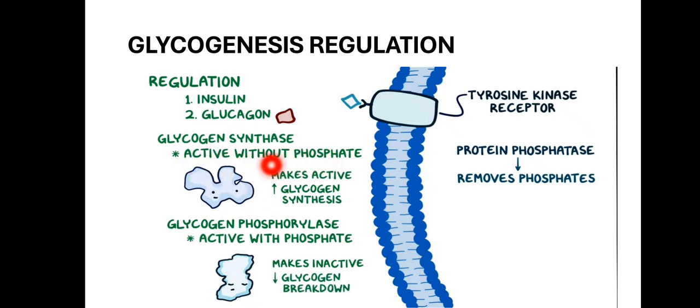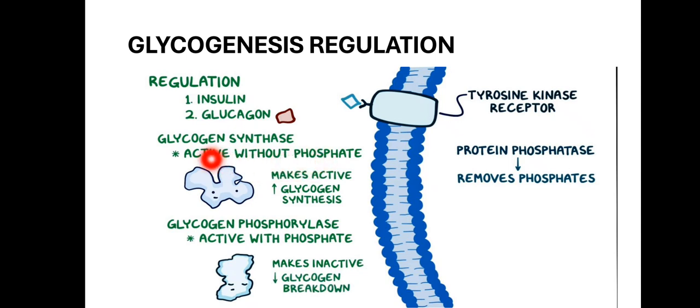It doesn't want phosphate groups at all. If it has a phosphate molecule on it, it will be deactivated. But you know that glycogen synthase is the one used to form glycogen, right? If it's deactivated because it has a phosphate molecule on it, then that will be a problem.